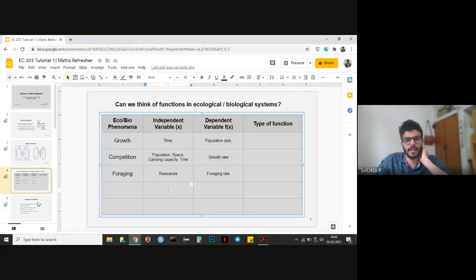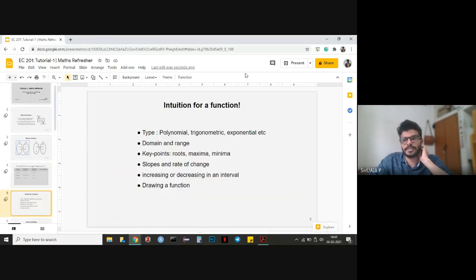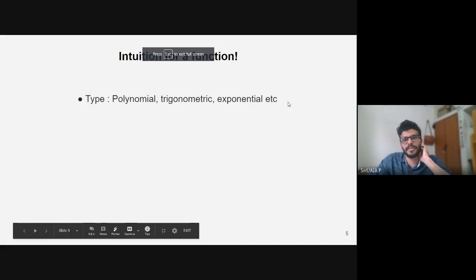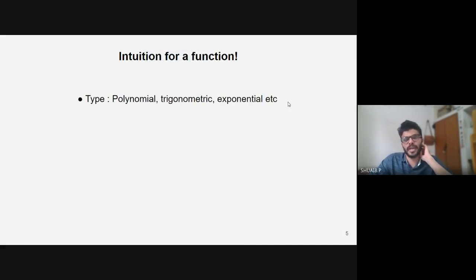So for now, let's think of when we see a function, what all intuitions we can make out of it. When we have a function, we can see what type of function it is, whether it's polynomial, trigonometric, exponential, or something. And we can think of the domain and range of that function.